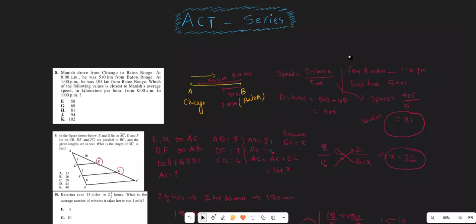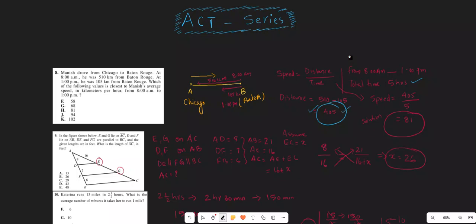How much did he cover? That is 510 minus 105. So the total distance he covered is 405 kilometers. So we have the distance covered in this time. The total time he took from 8 a.m. to 1 p.m. is 5 hours. So the time is 5 and the distance is 405.